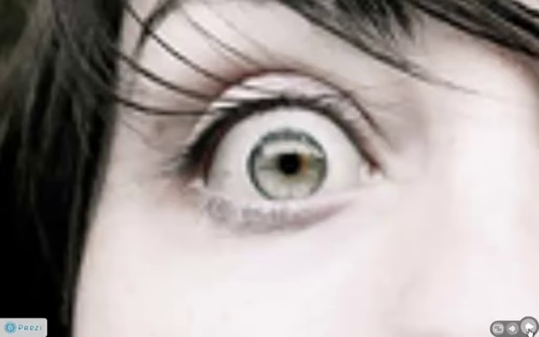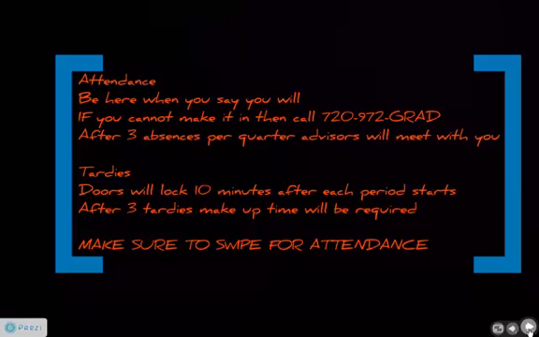All right, that leads us into attendance. So be here when you say you will be here, and if you cannot be here, please call 720-972-GRAD. And after 3 absences per quarter, the advisors will meet with you just to check in with you, see what's going on, see if the program is a good fit for you even.